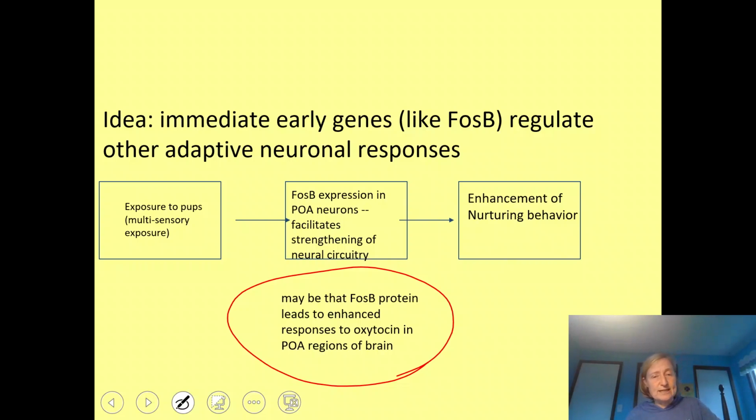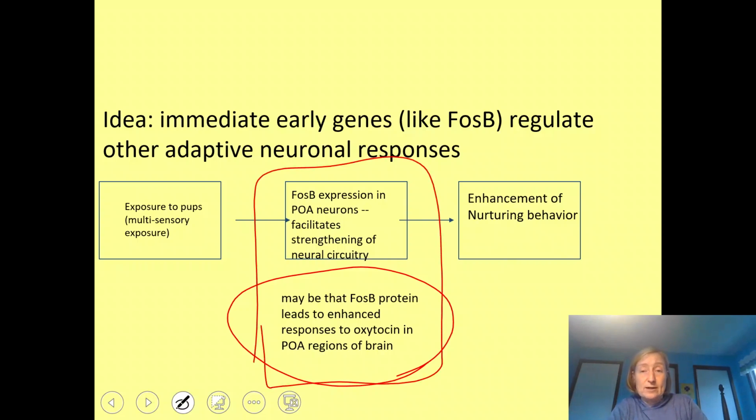Maybe the FOSB protein somehow enhances responses to oxytocin, and if you have the mutation, you don't get that enhanced response to oxytocin, you don't get any nurturing behavior. I'm not exactly sure of this mechanism. This is kind of like the black box somehow, right?